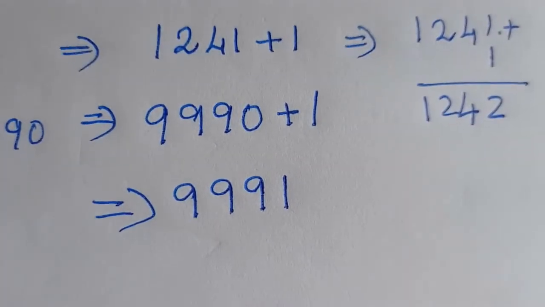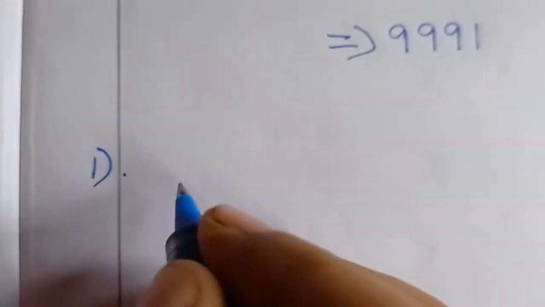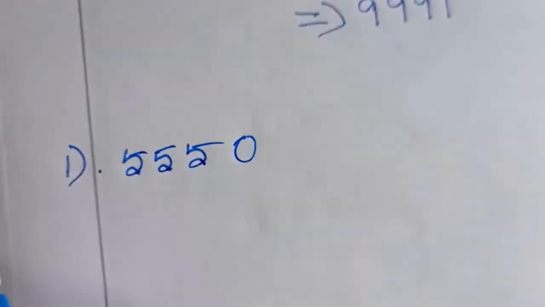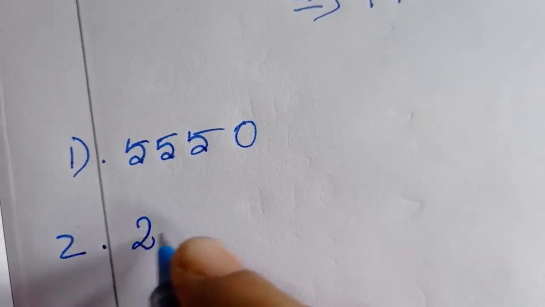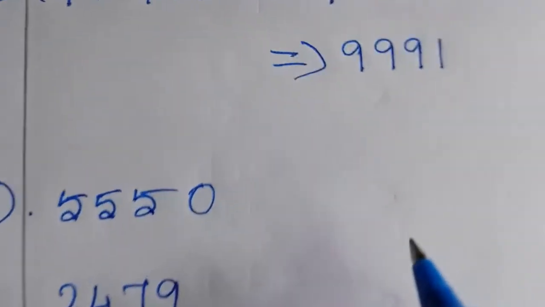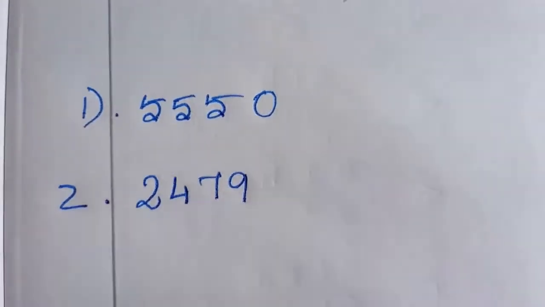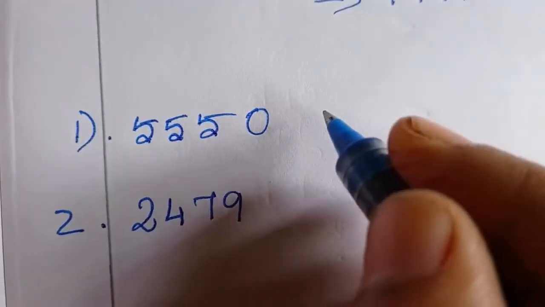Now let's find the predecessor of the following numbers. The first question is 5550. The second question is 2479. Children, please find the predecessor, that means the before number.